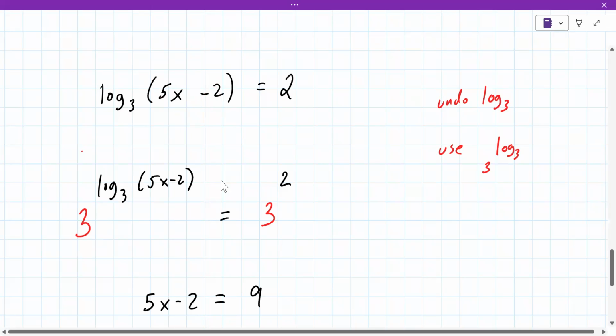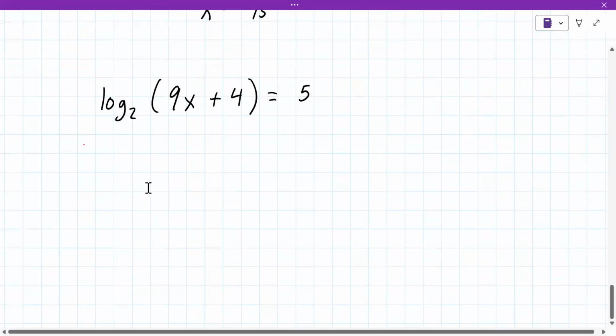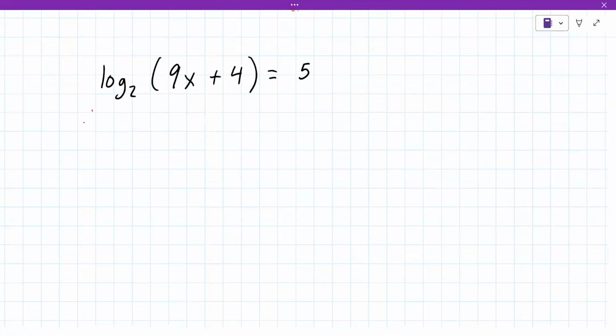What did we do here? What was I trying to show over here? Log base 3, you undo it with the same number. So it would be a lot like 2 squared, right? When you want to undo the log, it becomes 2. So in this case, you're going to put a 2 here and a 2 here.